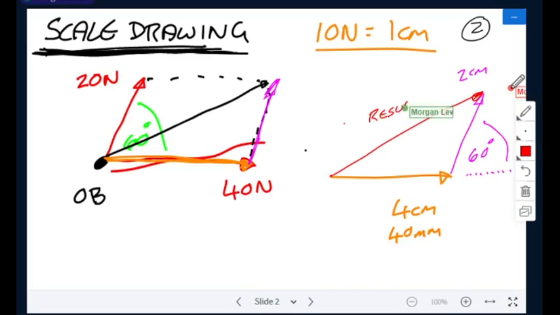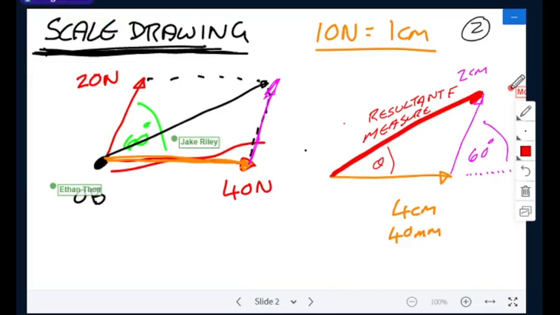And you would measure that, and you'd also measure the angle. And that would give you whatever the force is.